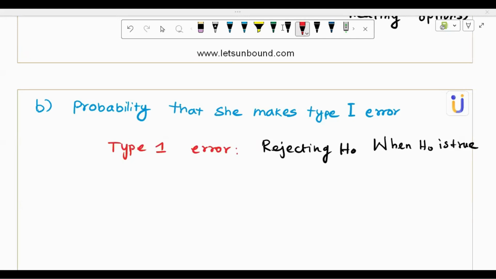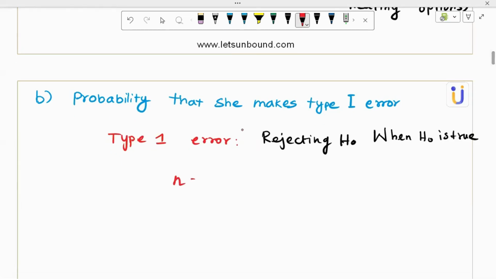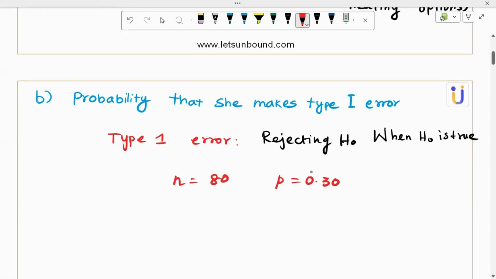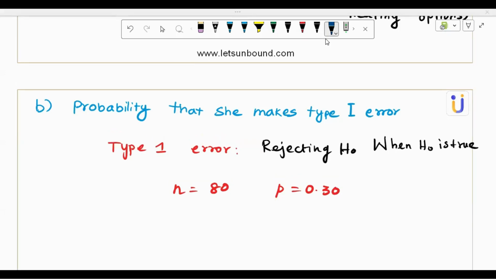We can model this with the binomial distribution, as we have a sample size, like trials, of 80, and the probability under H naught is 0.30. One more thing to be noted here: rejecting H naught if at least 31 students. Don't confuse the 30% and 31; they are different.